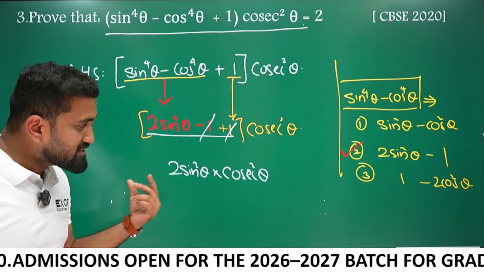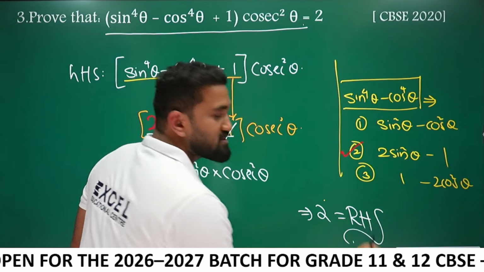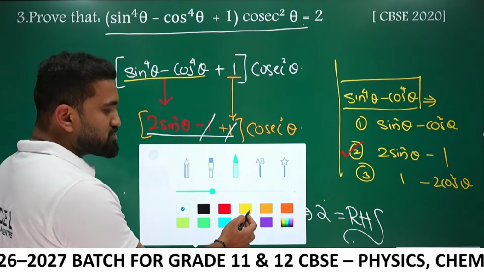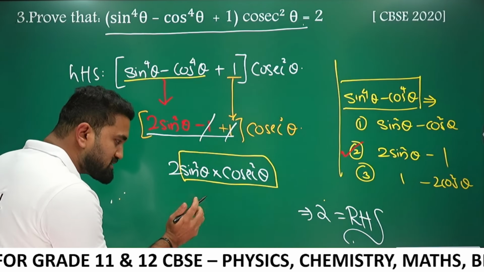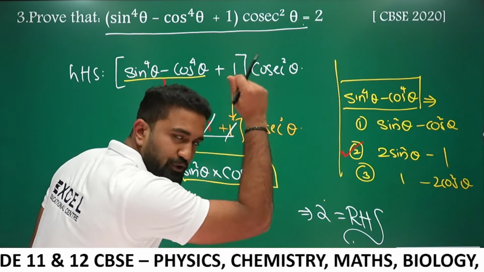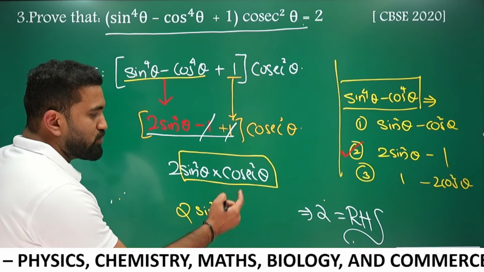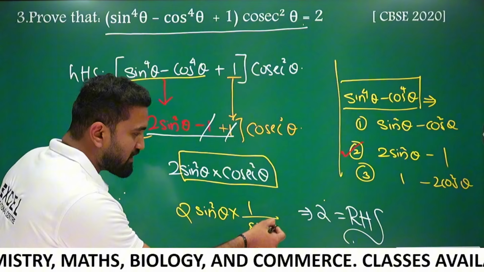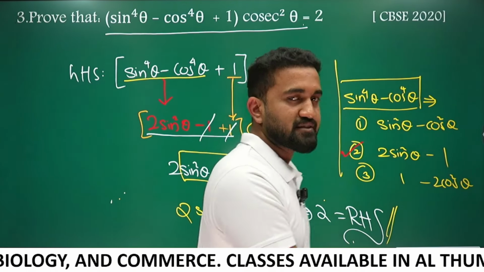You need to solve this and arrive at the answer 2, that is the required RHS, hence proved. So how will you simplify it? I'm sure that there exists an operation to cancel these two, so that this will be 2 into 1, which is equal to 2. How? Sine square theta into cosec square, which is 1 by sine square. You can cancel these. This is equal to 2, the required RHS.